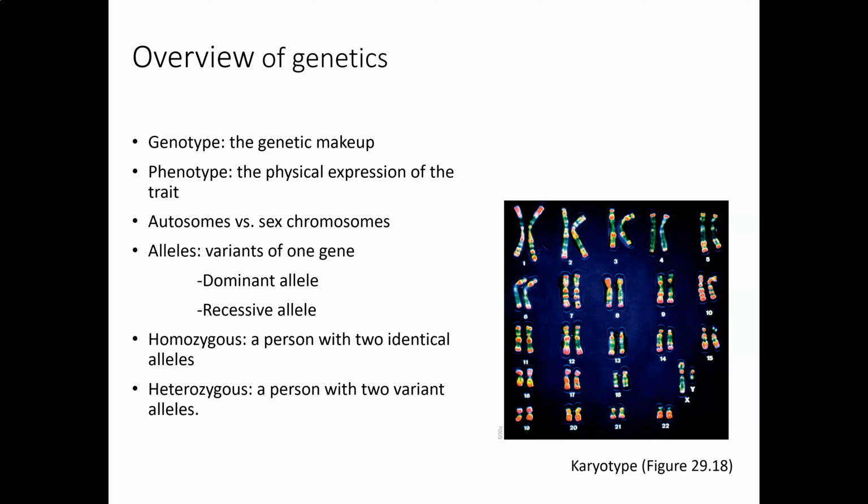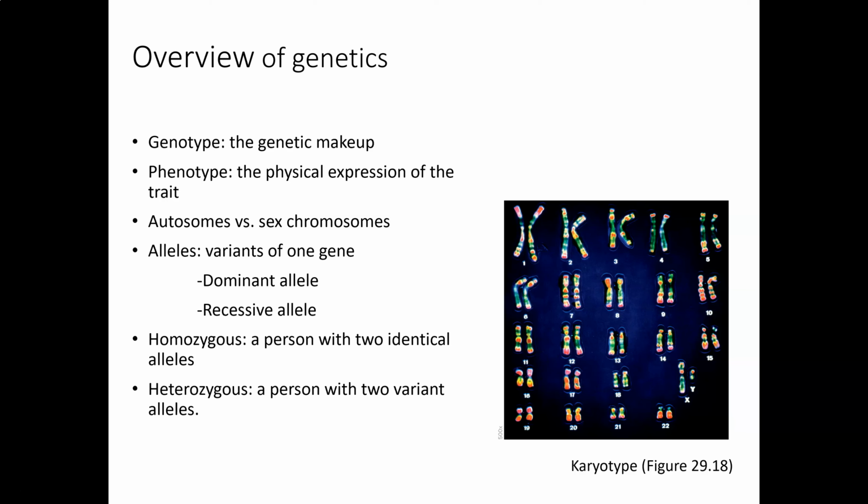In this last part, we are going to focus on patterns of inheritance. We actually have a long video in this week's lab about how you use a Punnett square and figure out the pattern of inheritance depending on the traits and the alleles.